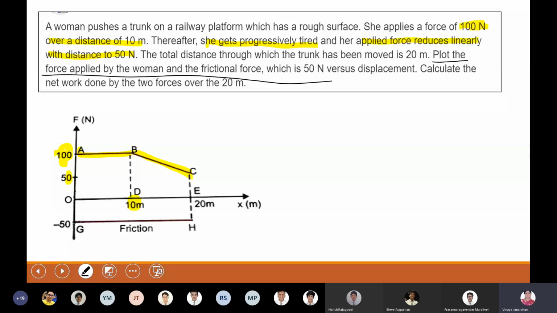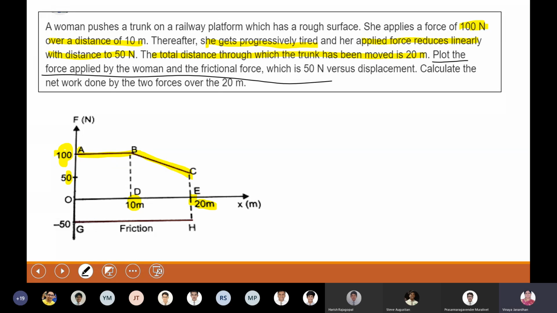Now, the total distance traveled by the body is 20 meters. So from B to C, the force has been decreasing and reaches 50 Newton. At point C, the body has traveled a distance of 20 meters. Are you clear with the question?